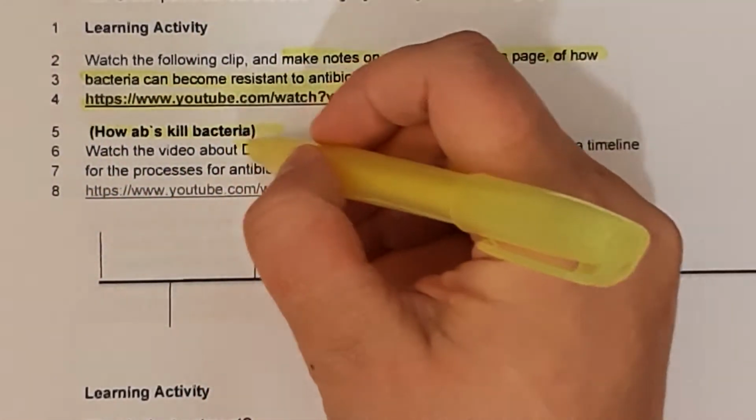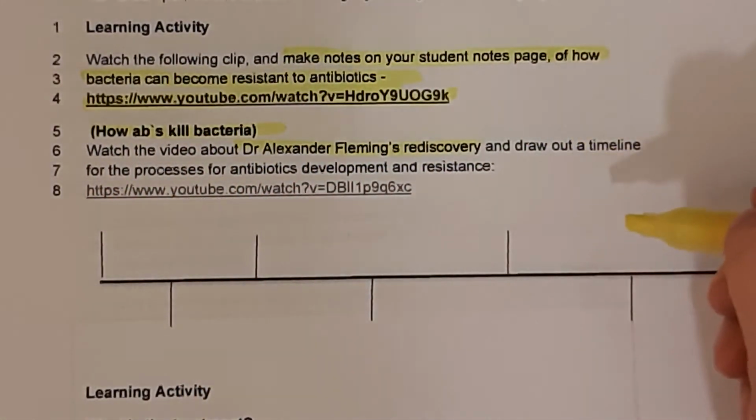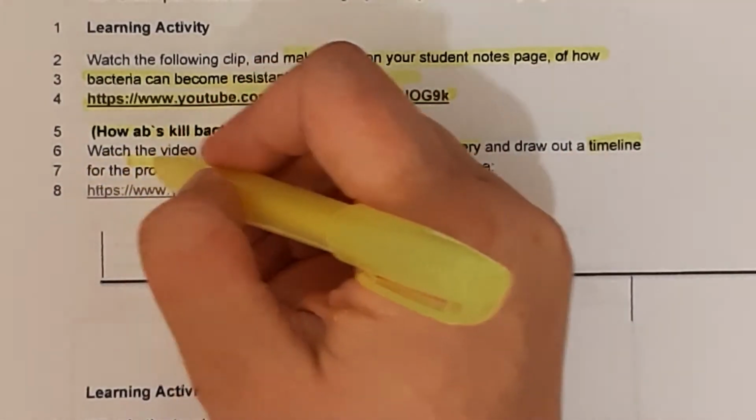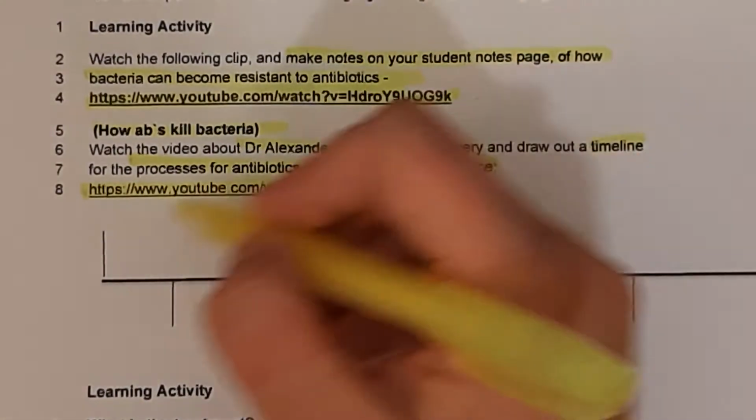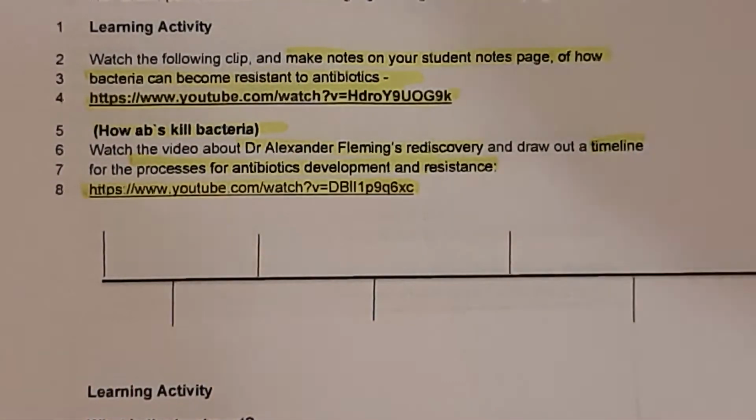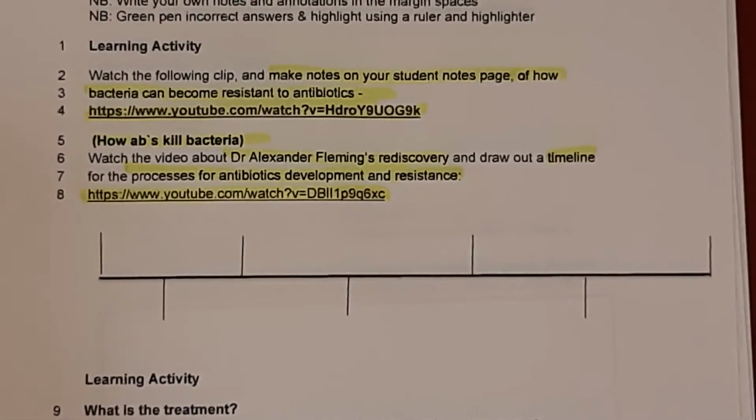It also talks about Dr. Alexander Fleming's rediscovery and timeline for the processes of antibiotics. That's this video here on YouTube. You can use this outline here to draw your timeline on, or you can do it on a separate piece of paper or the notes page, wherever you want. So complete both those activities, please. Pause the video whilst you do that.